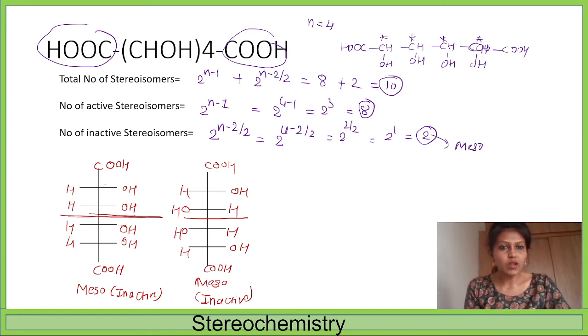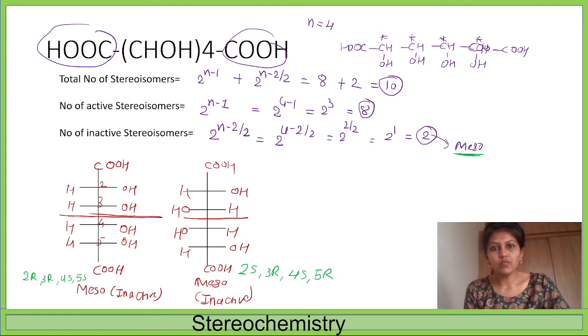If I find the configuration at second, third, fourth and fifth carbon, then it has configuration 2R, 3R, 4S, 5S, right? And here 2S, 3R, 4S and we can say 5R, right? So 2 meso compounds, that is optically inactive stereoisomers, are present.